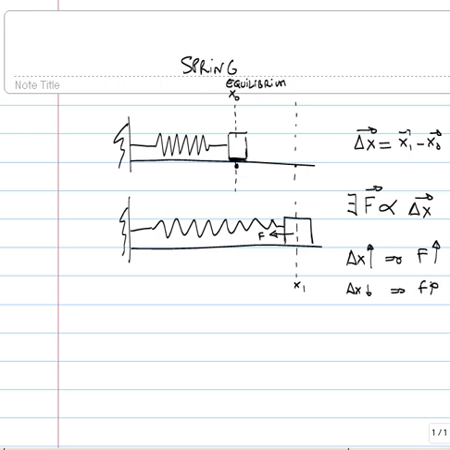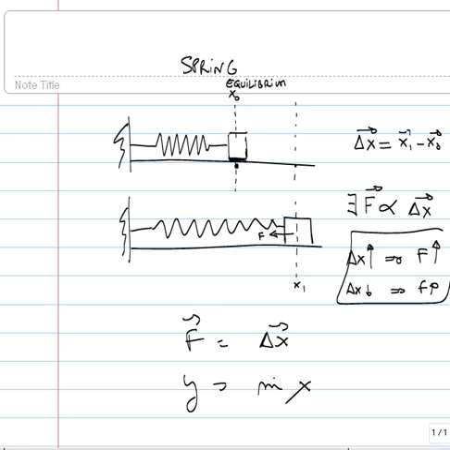So indeed, this must look like a line equation. F must be proportional to delta x, such that we have a line equation. What we have to figure out is the proportionality constant. In this particular case, we will call it k.